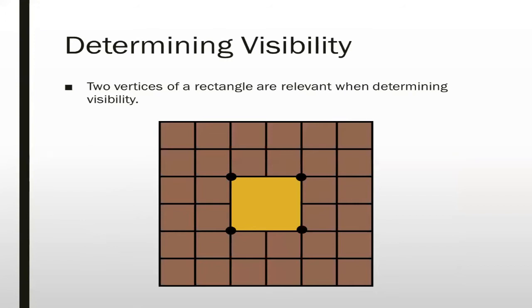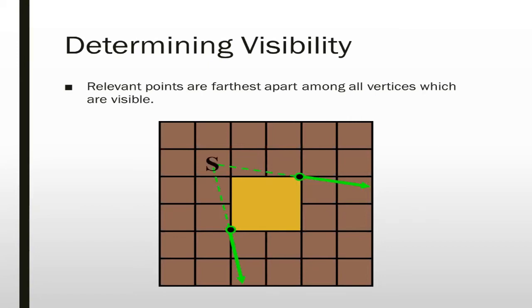So now that we have our rectangles and are able to store them, we must discuss how they actually are used to determine visibility. 2 of a rectangle's 4 vertices will be relevant when determining visibility, depending on the position of the field of vision source. We refer to these as a rectangle's relevant points. The relevant points are the farthest apart among all vertices of the rectangle which are visible to the field of vision source.